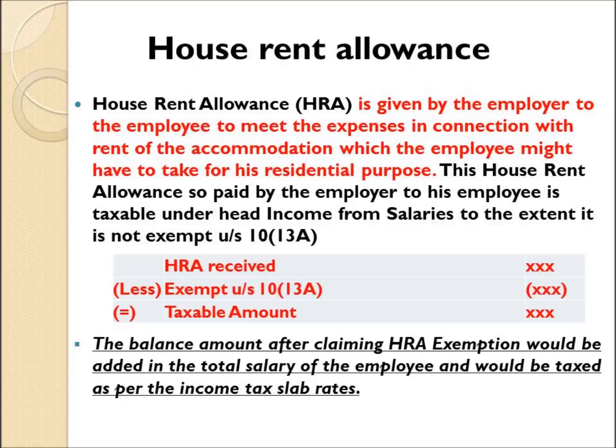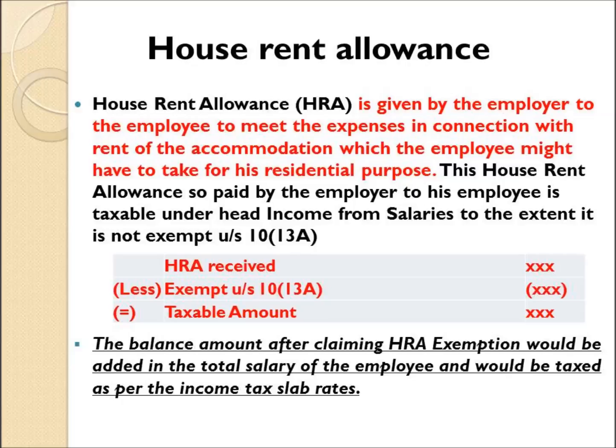I am an employee. I have been employed by an employer somewhere, and I am taking some place as my accommodation for my residence, and the company is reimbursing me with the rent of that accommodation. So that money which the employer is giving me to meet the rent of my accommodation is the house rent allowance.